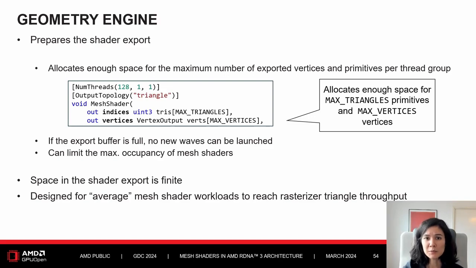The size of the export buffer is finite, and if the export buffer is full, no new waves can be launched. This also means that the numbers you set in your shader can actually limit the maximum occupancy of your mesh shader. Generally, the size of the export buffer is designed such that an average mesh shader workload can reach rasterizer triangle throughput.